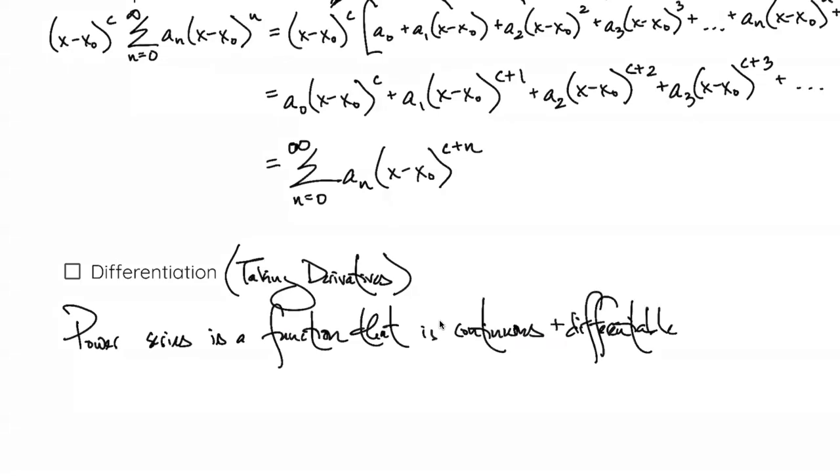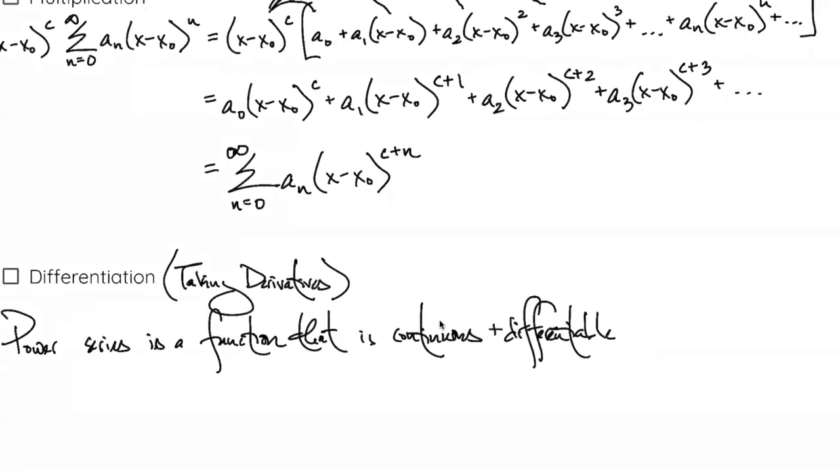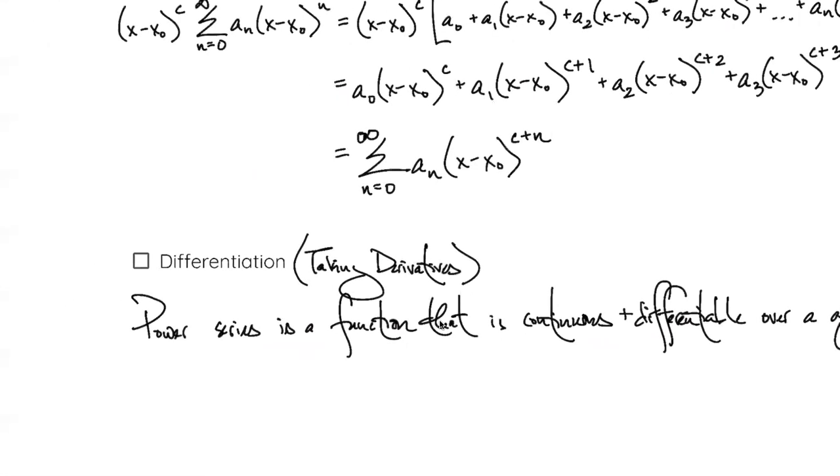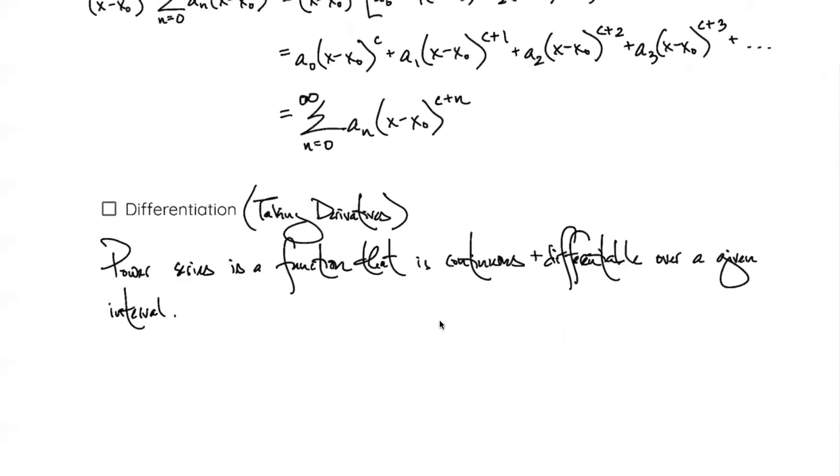Continuous meaning there's no missing pieces. It is differentiable in the sense that it is smooth, and so we can take derivatives of each piece, all right? So because it is continuous and smooth over a given, I'm going to use a keyword here, interval. All right, so over a given interval, it's not true everywhere, but over a given interval, we can say that this power series is a function that is continuous and differentiable.